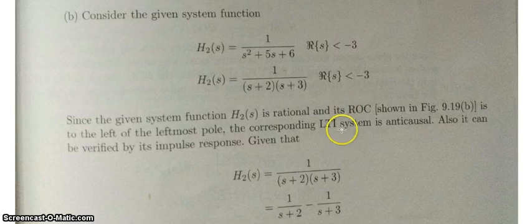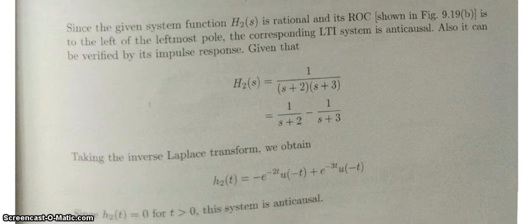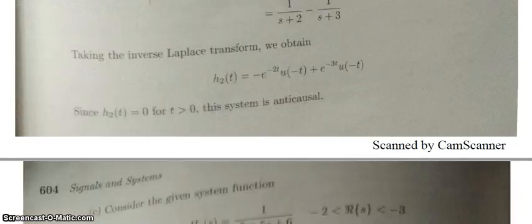So in this case, the corresponding LTI system is anti-causal, and therefore when we take the inverse Laplace transform of H2(s), we have to write it as a left-sided signal. So h2(t) is minus e raised to minus 2t u(minus t) plus e raised to minus 3t u(minus t). Since h2(t) is 0 for t greater than 0, this system is an anti-causal system.